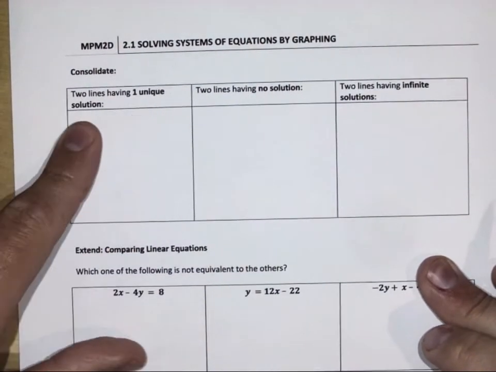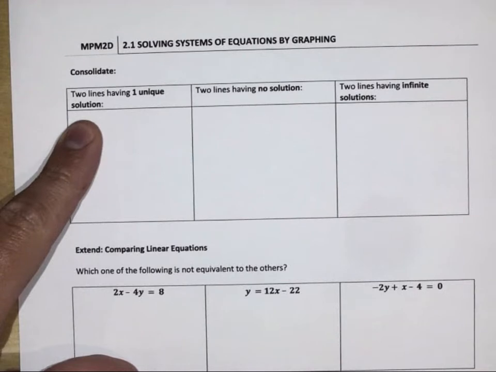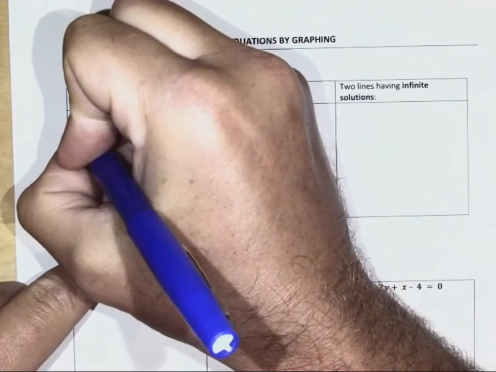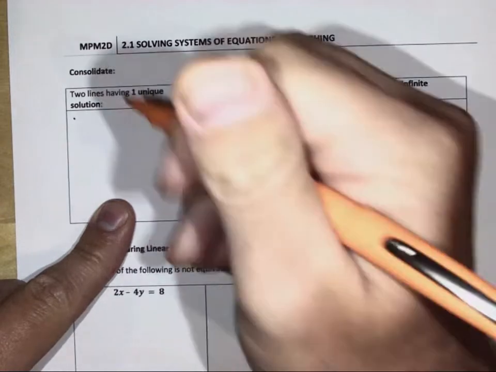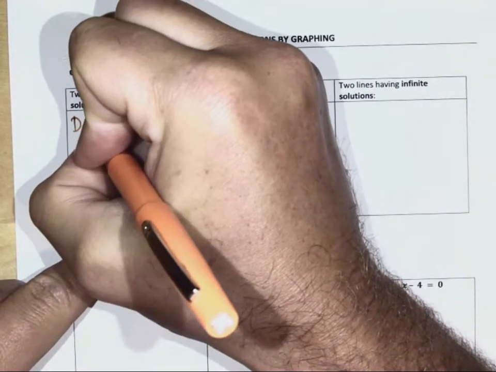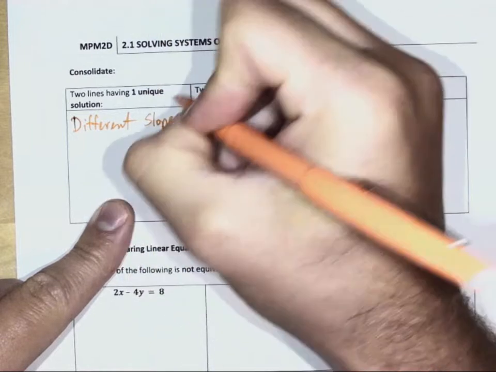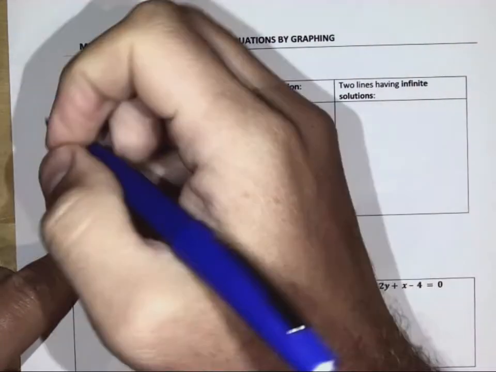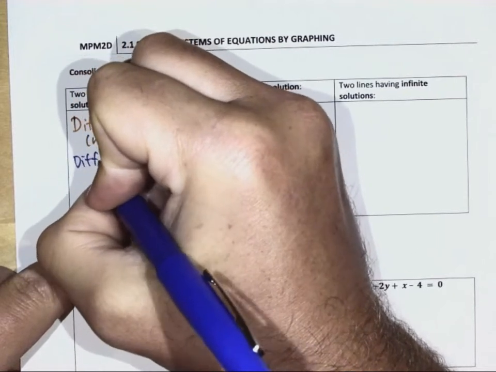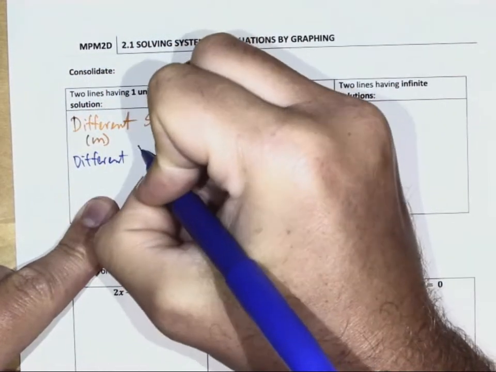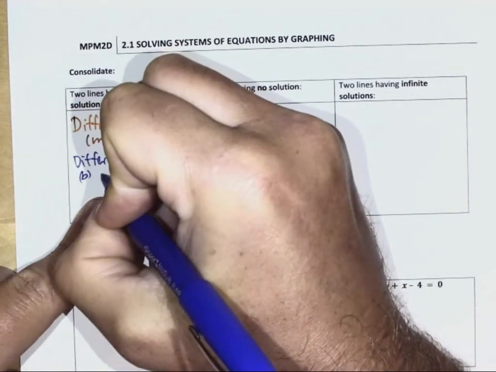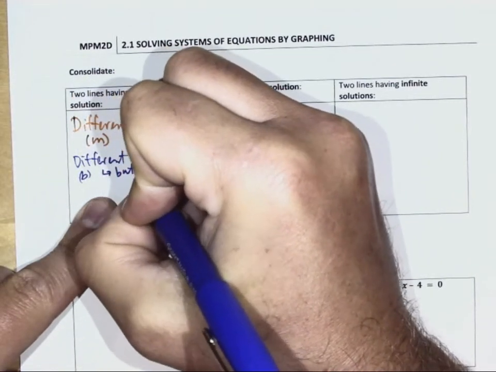2 lines that have one unique solution. They have one unique solution. So that means, let's start with slope, they have different slopes. And they could have different y-intercepts, but could be the same.